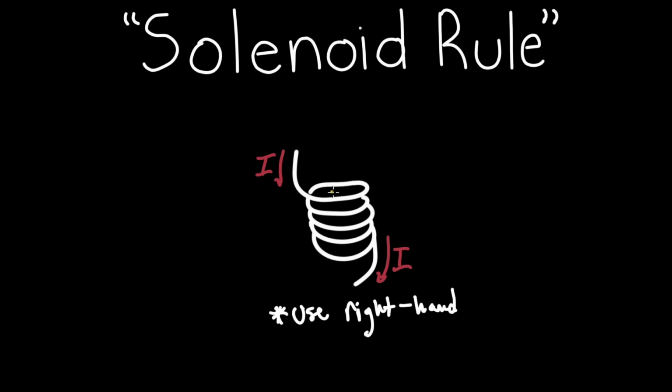So we're going to have our thumb sticking up, and then our fingers in the direction of current that's coming around here with the coils. And that means that our current direction is this way across the coils, and our magnetic field direction is pointed by the thumb. So that's the solenoid rule.